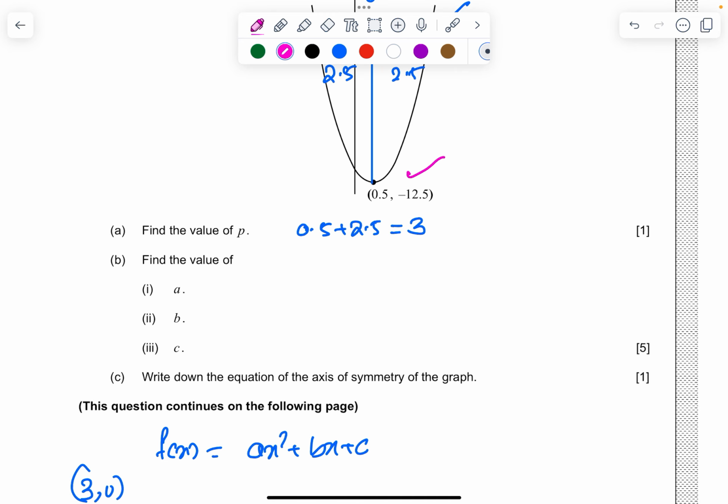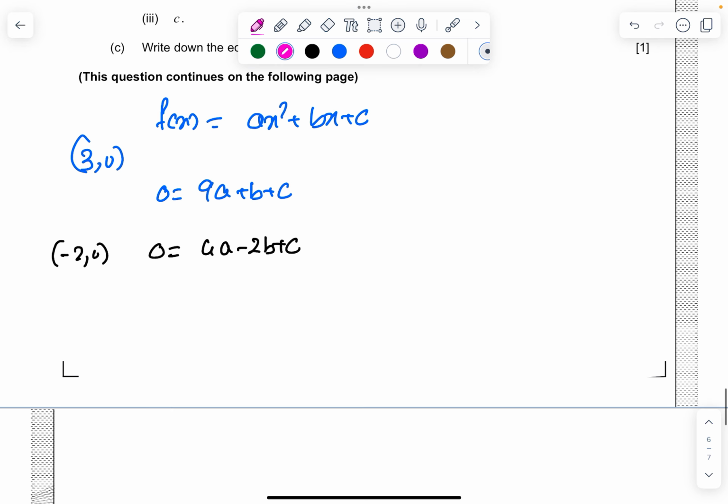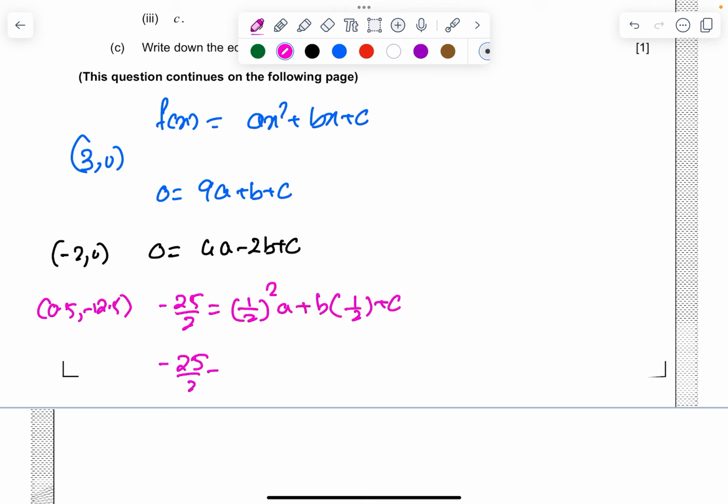And it is also passing through the point 0.5, minus 12.5. So minus 25 by 2 equals a times (1 by 2) squared plus b times 1 upon 2 plus c. So minus 25 upon 2 equals a upon 4 plus b upon 2 plus c.